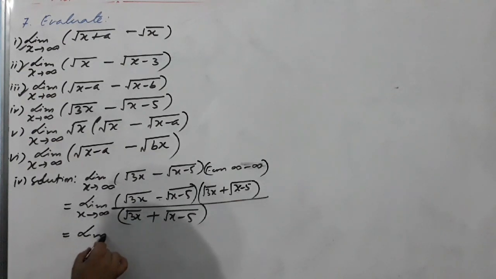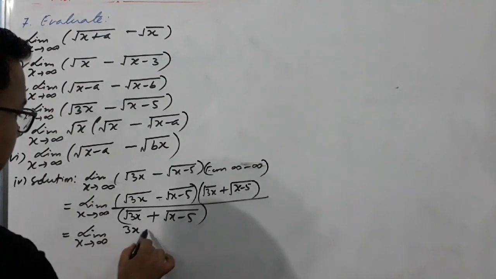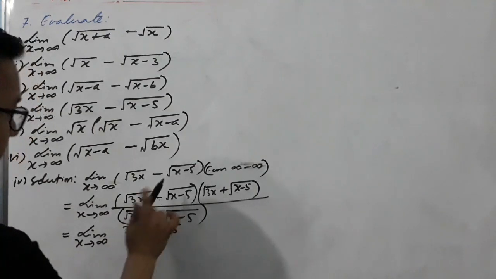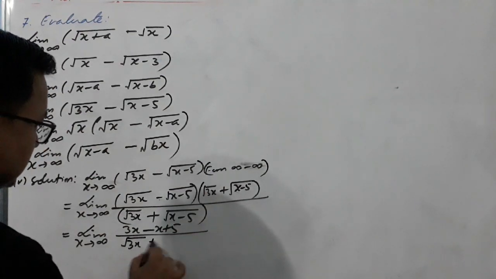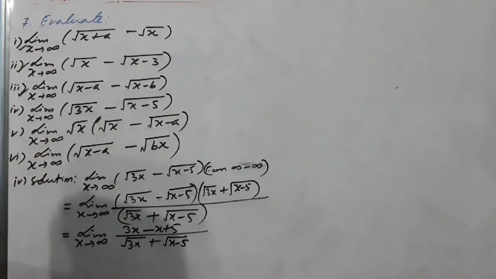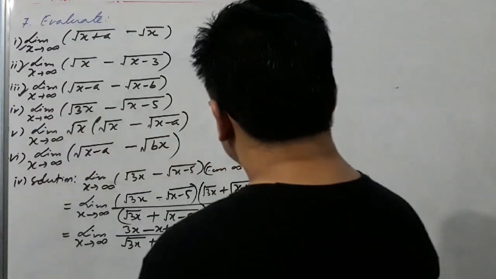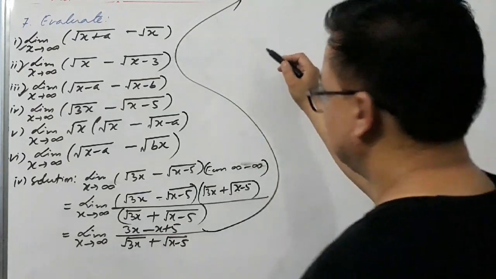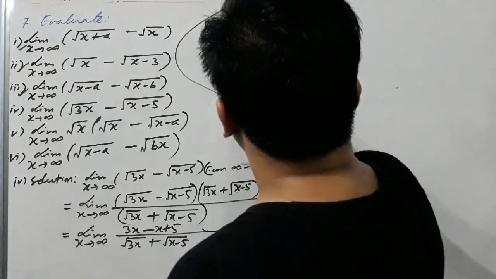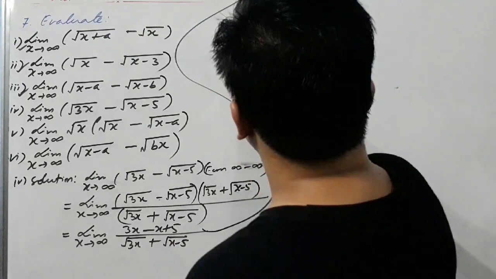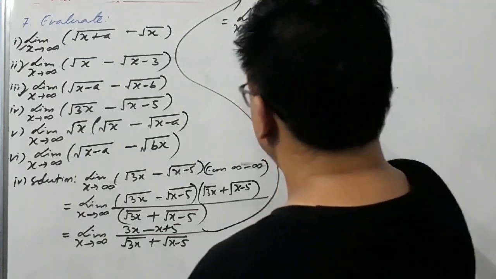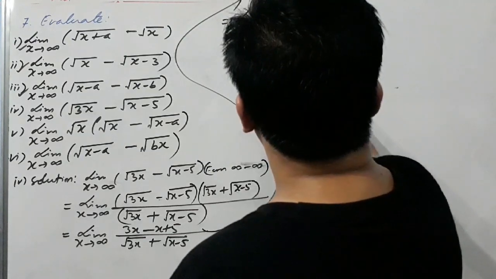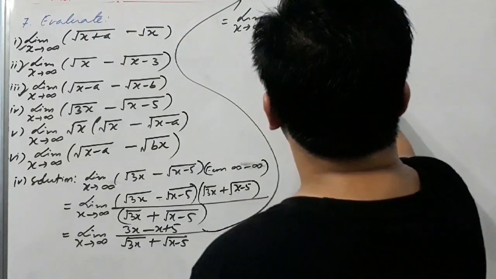You are going to get limit as x tends to infinity of 3x minus x plus 5. I've used the a square minus b square formula, with root 3x plus root x minus 5 in the denominator. So the limit is as x tends to infinity of 2x plus 5 over root 3x plus root x minus 5.